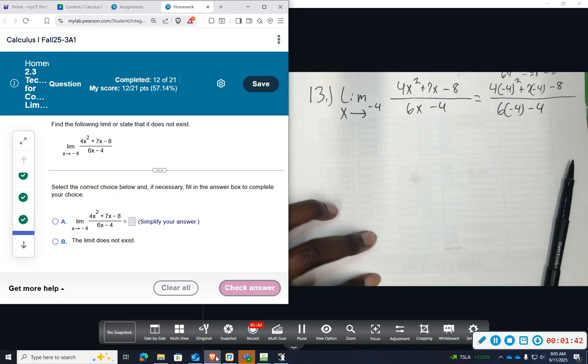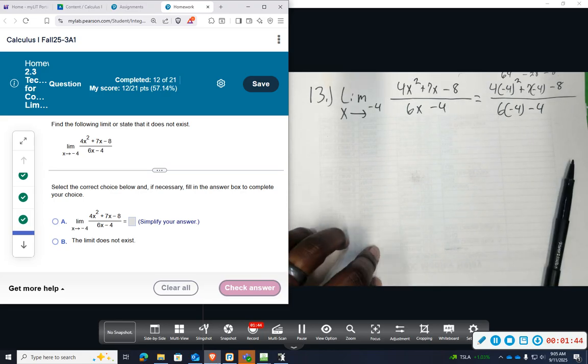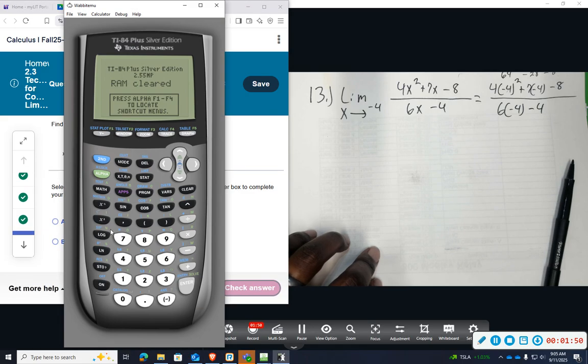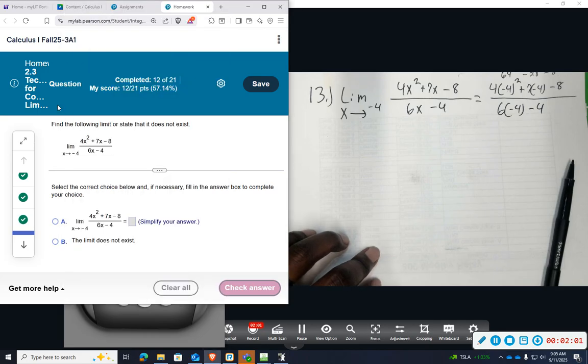And let's double check that. Where's our little calculator? All right, so we're going to say 64 minus 36. We're looking for 28. Okay, so just double check.